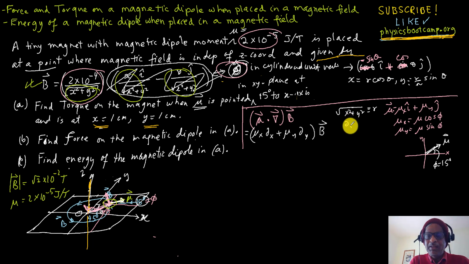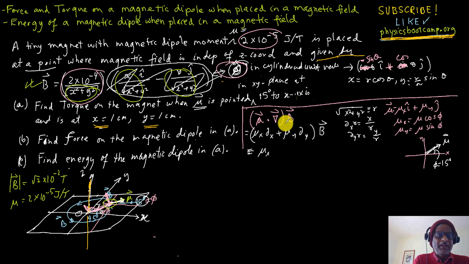And you can see dx of r is going to be x over r, and dy of r is going to be y over r. So it's going to be a little hairy, but we can just try to do one and see how far we go.